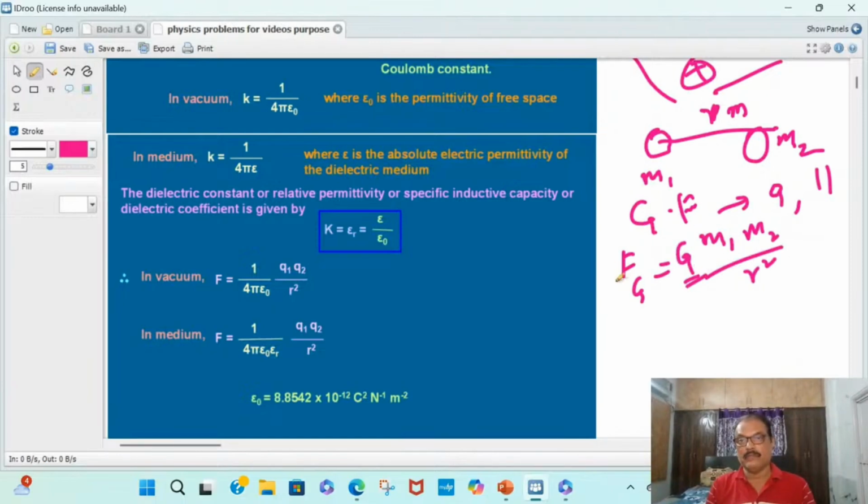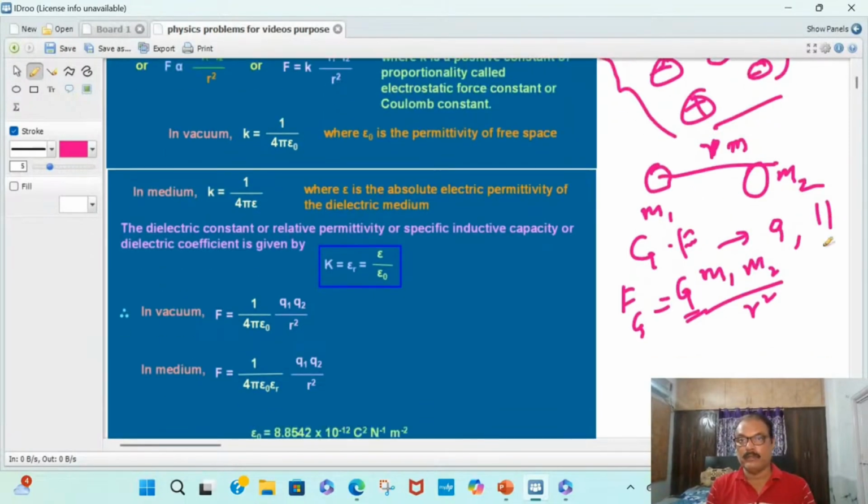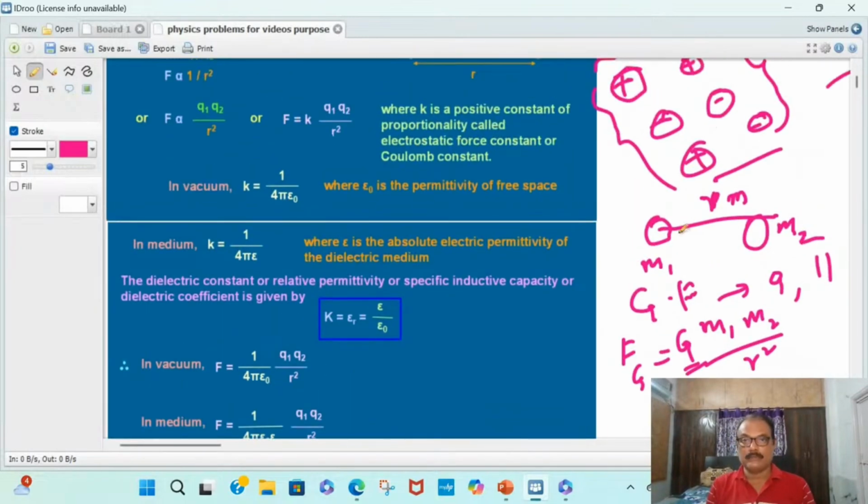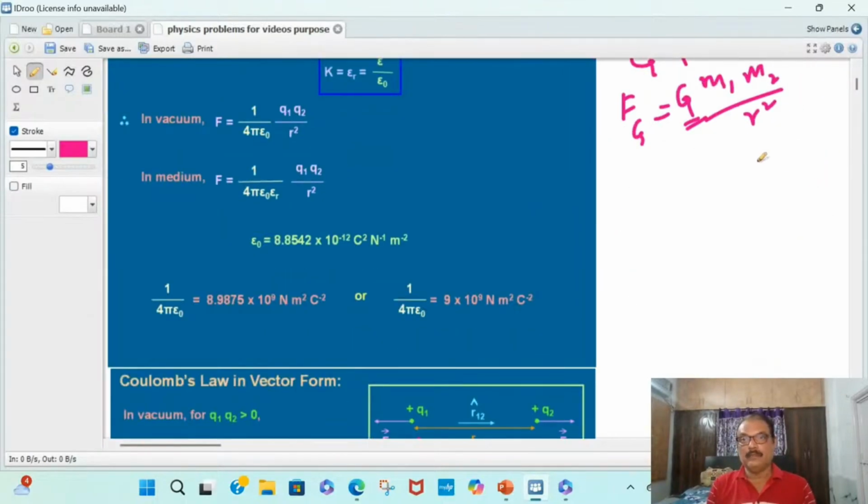So this is actually only an attractive force, no repulsive force. Try to remember. Why is there no repulsive force? Because we don't have negative mass. All positive masses always attract, which you know very well. For example, all the planets are revolving around the sun, and satellites are moving around the planets.